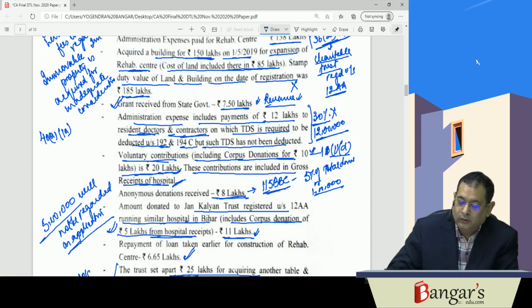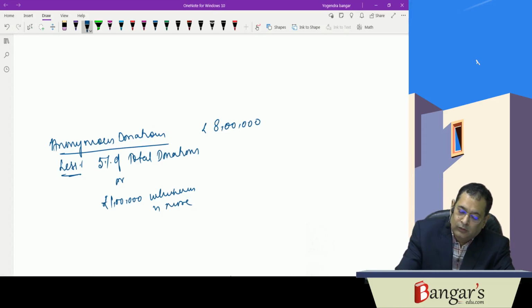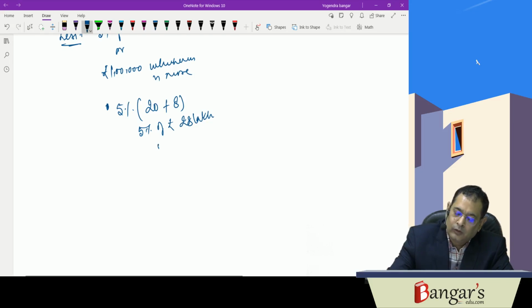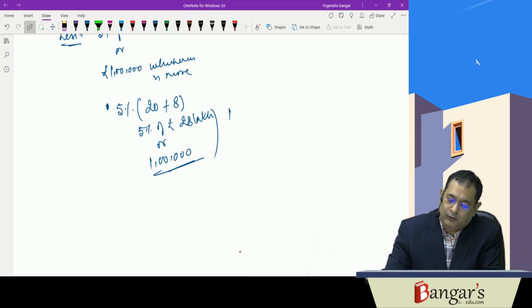They are saying they are receiving voluntary contributions of 20 lakhs. 5% of 20 plus 8 lakhs, which is the anonymous, so 5% of 28 lakhs, or 1 lakh, whichever is more. 28 lakhs, 5% works out to be 1,40,000.